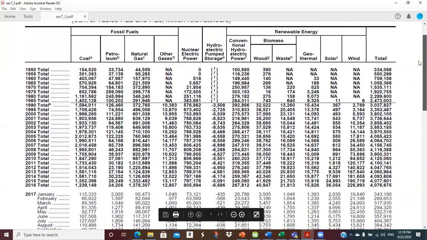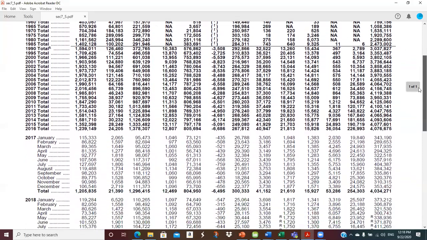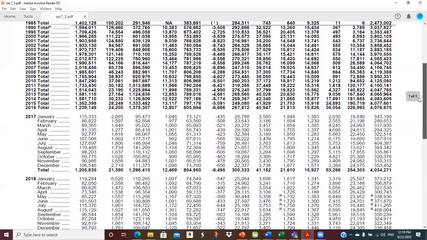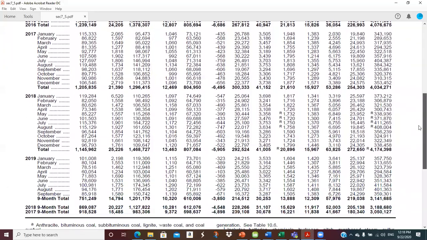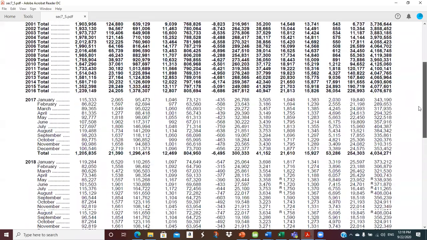So other gases, this would be maybe blast furnace gas or coke oven gas, industrial gases. Nuclear tends to be pretty stable. You can see 805,000, 807,000. And of course, that's a 9-month total. So nuclear is pretty flat.